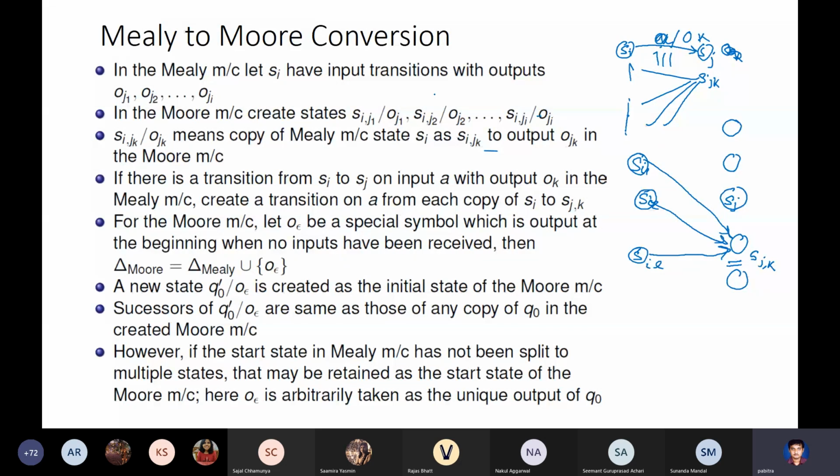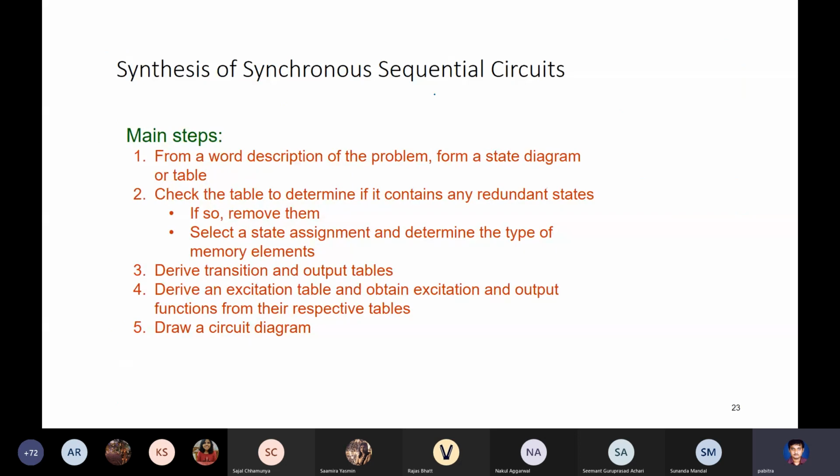Just to summarize again the process of synthesizing a synchronous circuit. From the problem, create a state diagram or a state table. Step 2, which we'll do in the next class, is to do a minimization, and then select a state encoding and the type of memory elements, D flip-flop or JK flip-flop, and how many memory elements.